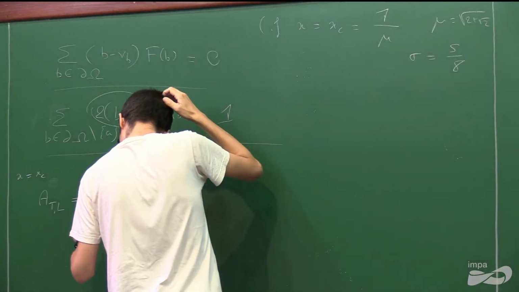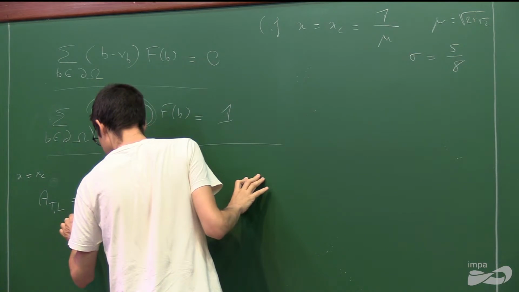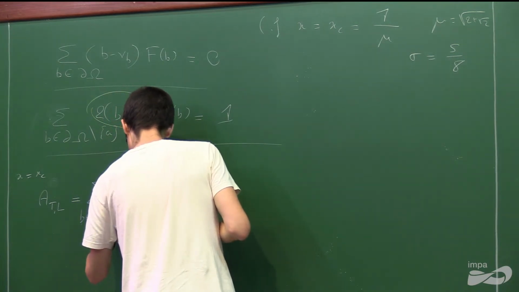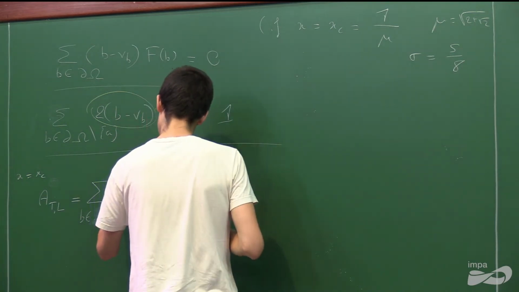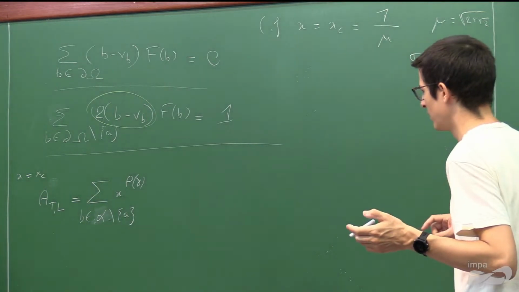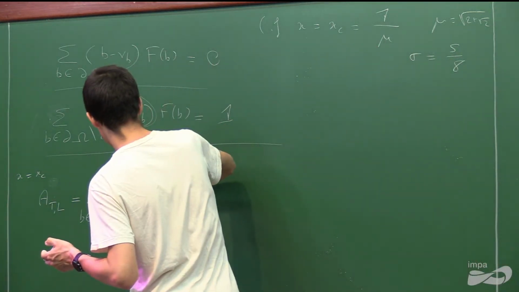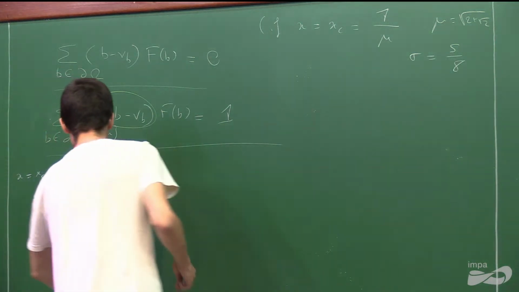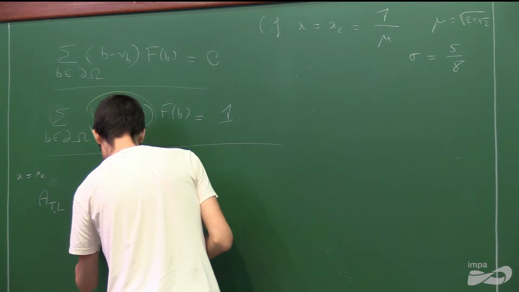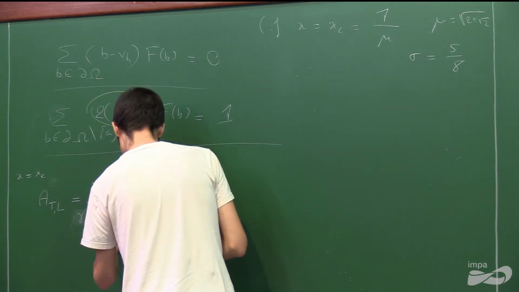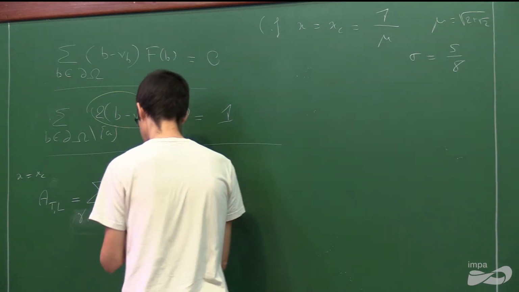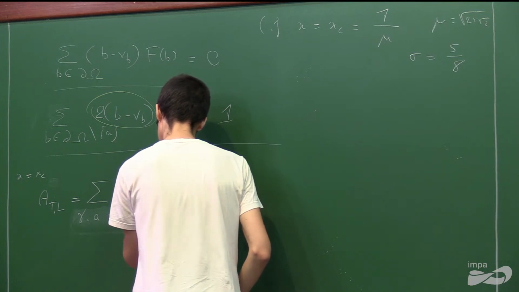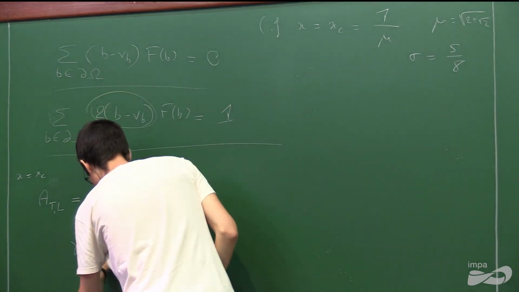the sum over B in the boundary, B in alpha minus A, of x to the L of gamma.